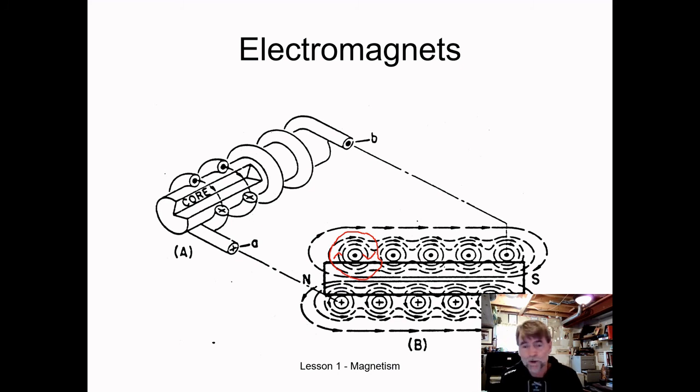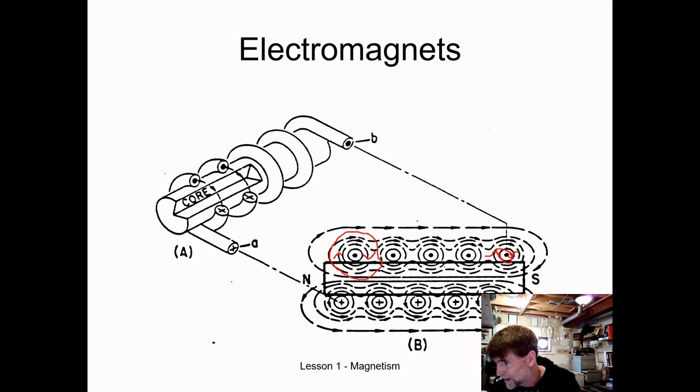Okay, we already looked at what happens when you put two conductors side by side with current flowing in the same direction. They're going to unite. And so all of these lines of flux around all of these conductors from one end to the other are all going to unite.